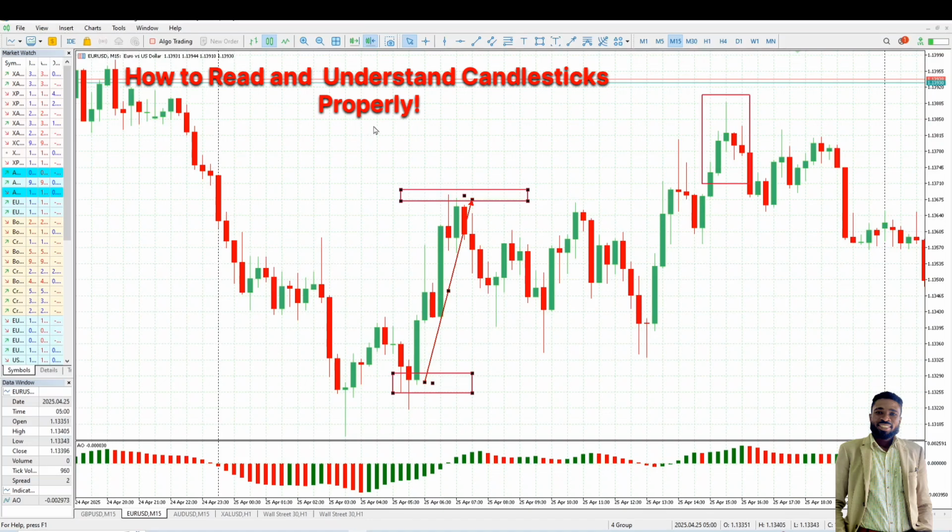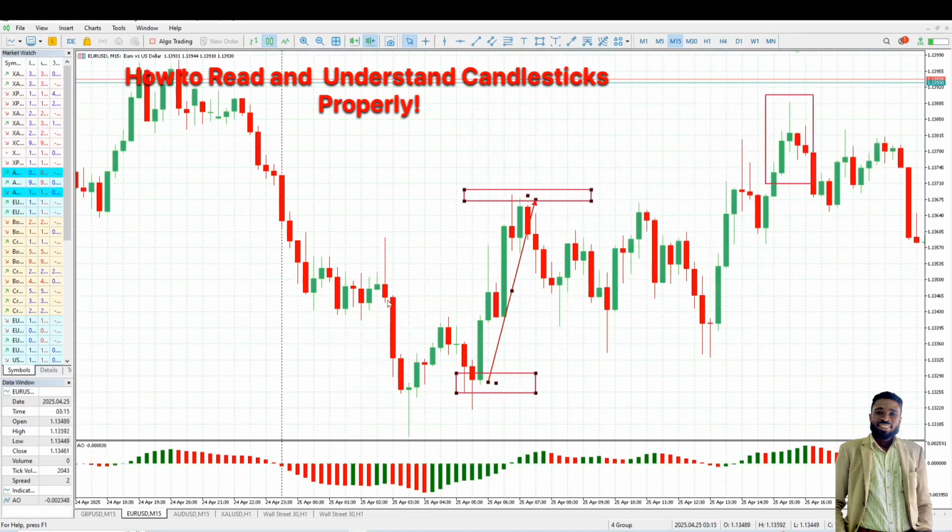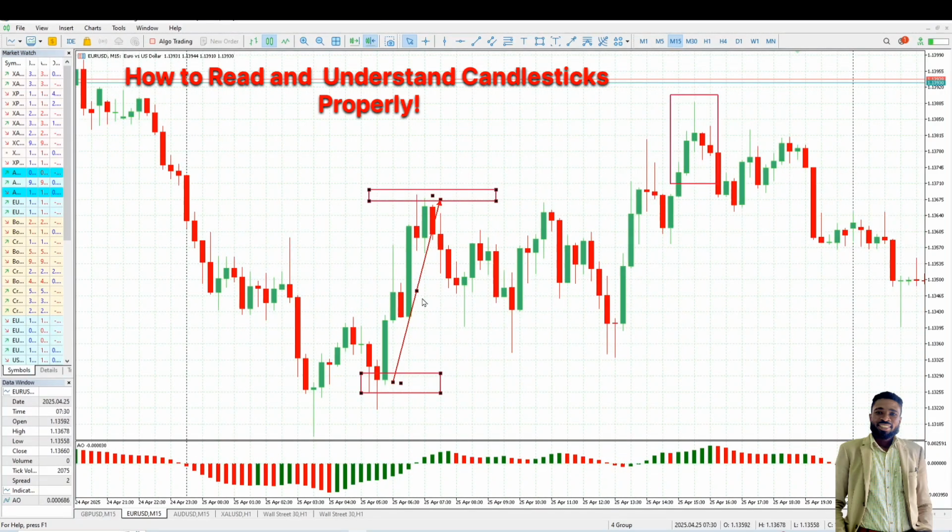For instance, if I right click and go to properties, I can change the color of any of this interface you see, as in other trading platforms like TradingView or any platform from any broker which is available to you. So put in your mind that the color of the candlestick does not matter, but what matters is the type of the candlestick.